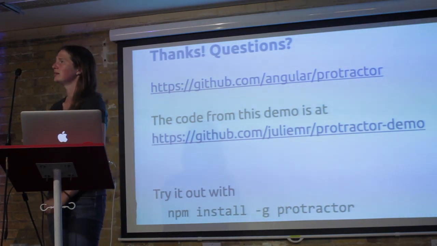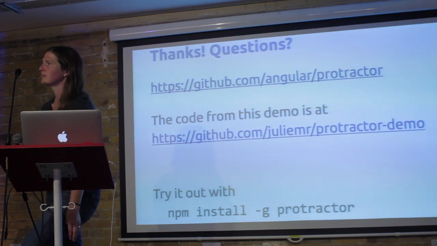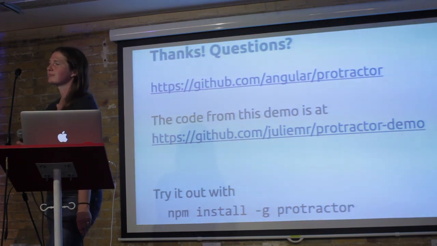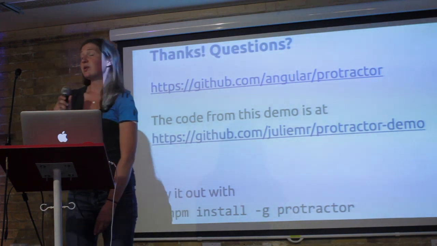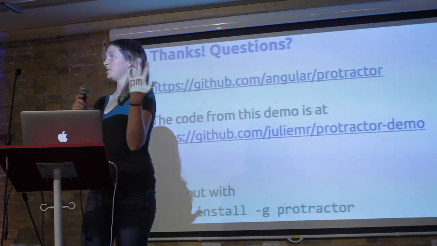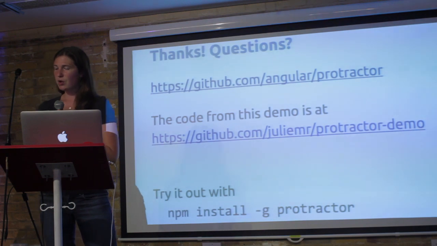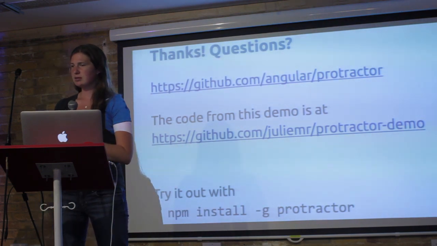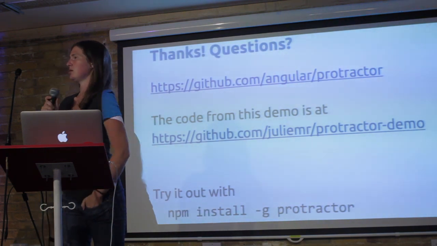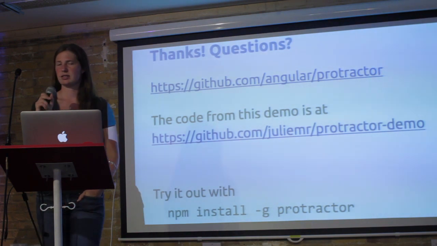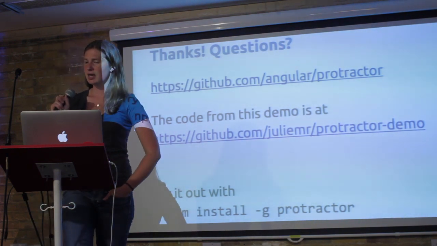Okay. Any big performance differences between the types of selectors, i.e. CSS, language? The question was if there are performance differences between the types of selectors. CSS is usually using the native CSS selector from the browser, so that's pretty fast.